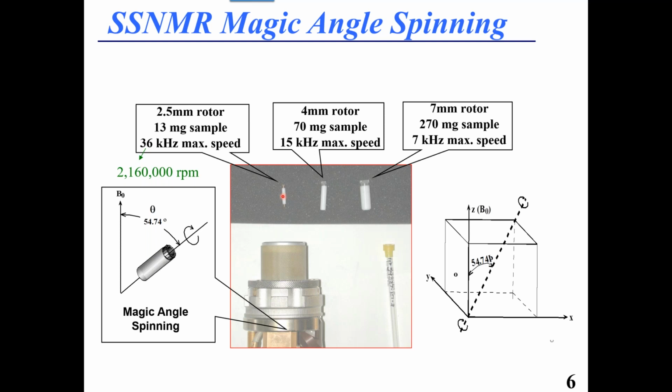It's very good for proteins where you have less than a milligram, so you can fill the small rotors. At Vertex, we use what I like to call the Goldilocks size and maximum spinning speed. We use the 4 millimeter rotor, which takes about 70 milligrams of sample.